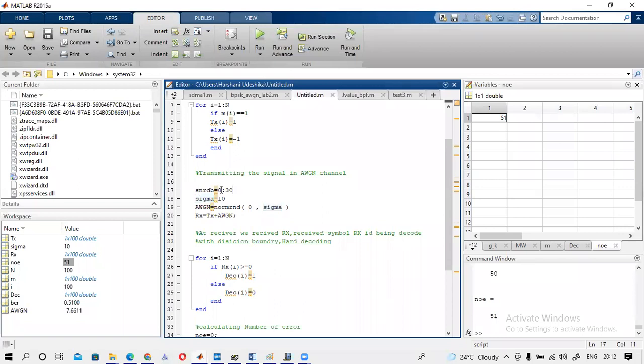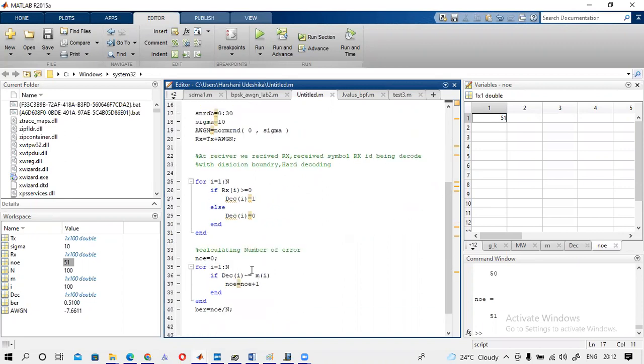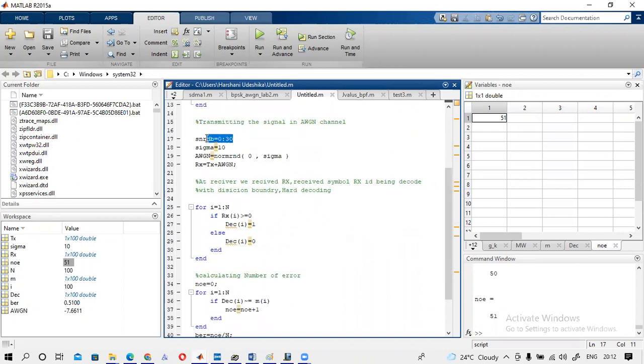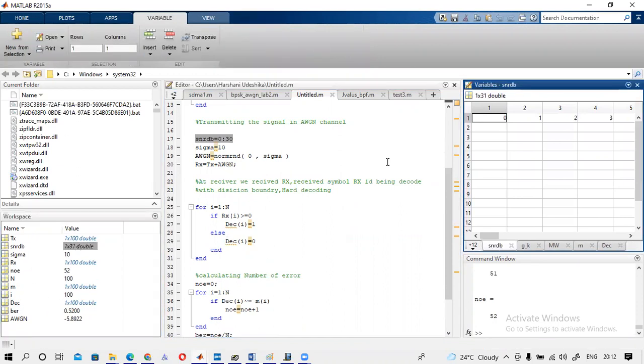Here I have defined some SNR dB values. Now I am going to plot my bit error rate with respect to this SNR dB value. So we will have 31 values, SNR 0, 1, 2, 3, 4 up to 30.